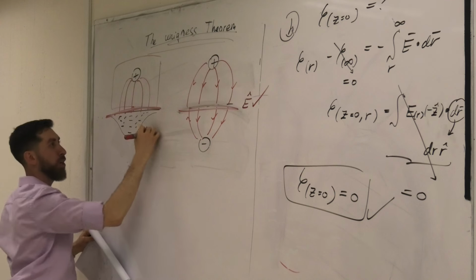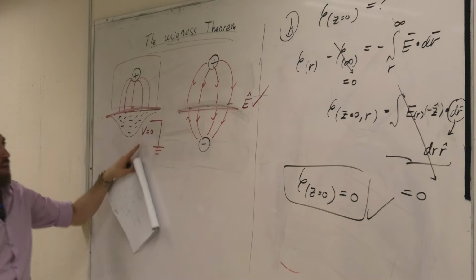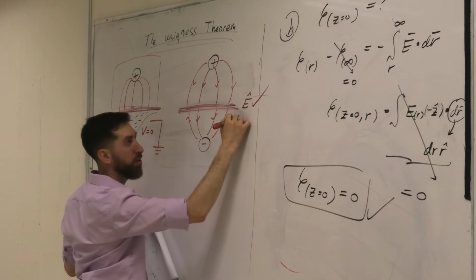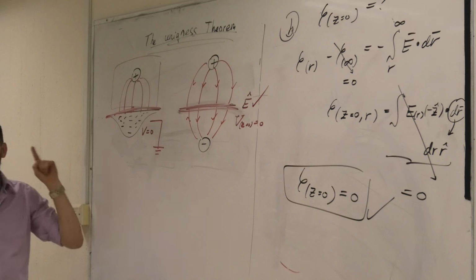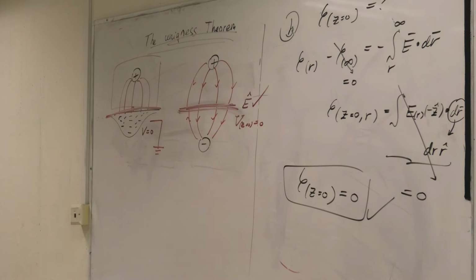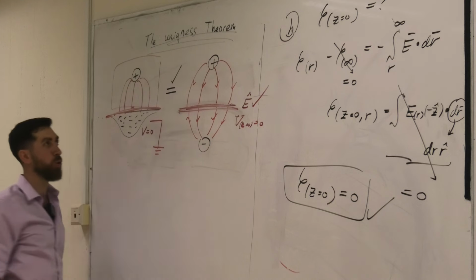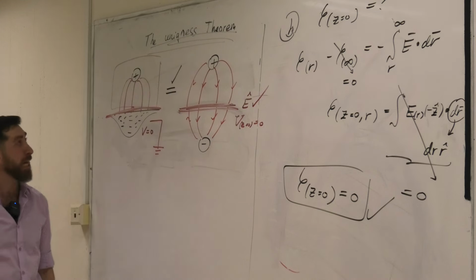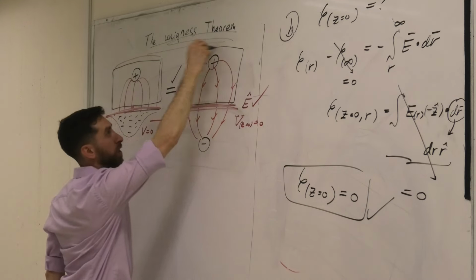The potential here, because it's the whole human body, is voltage 0. And we found out that the potential here is also 0. This means that according to the uniqueness theorem, these two solutions would be the same only for that space. You see?